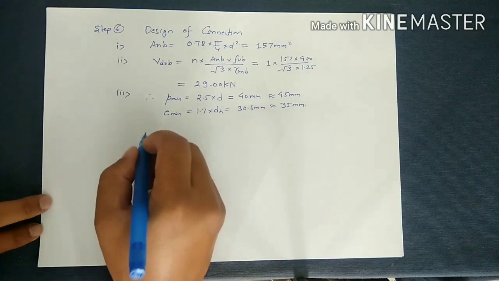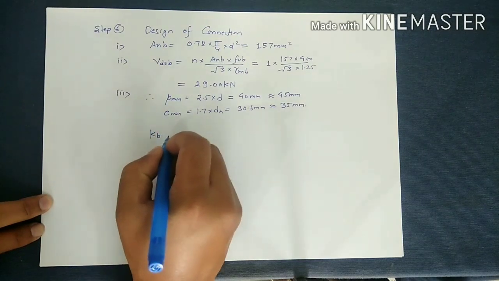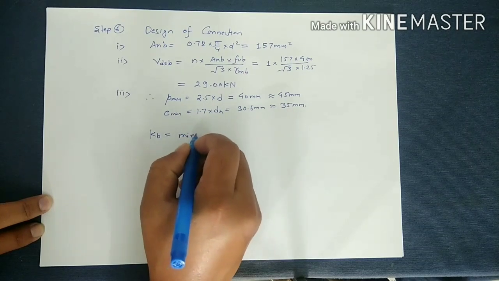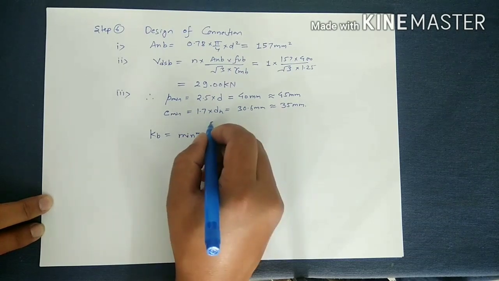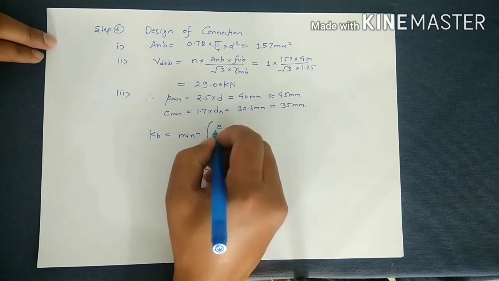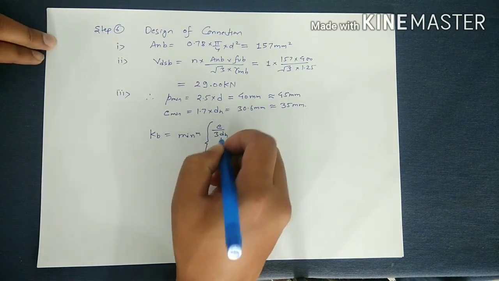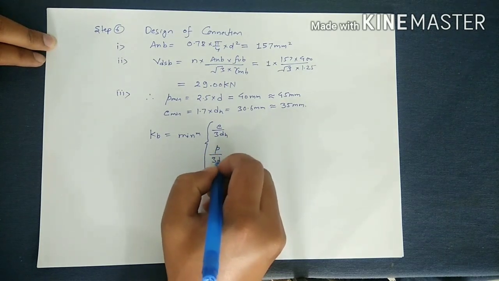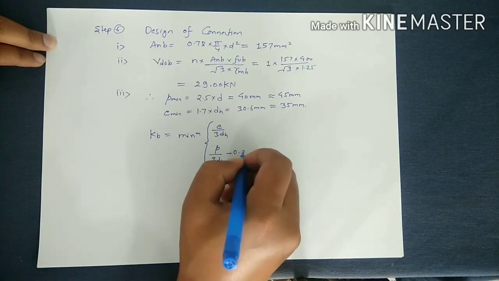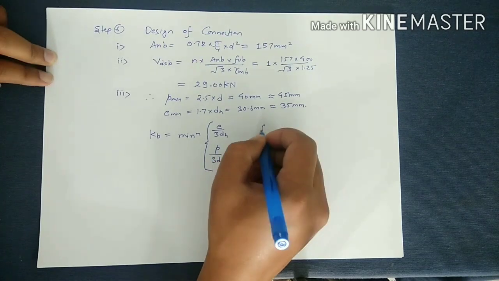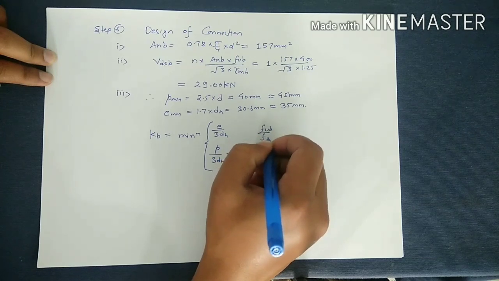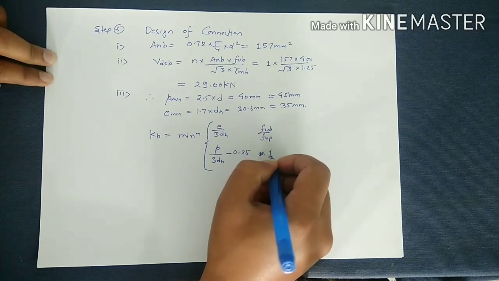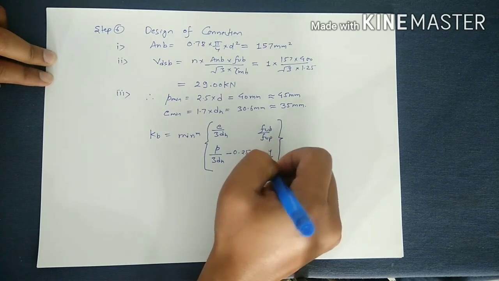Therefore, now finding the value of kb. Kb will be equal to the minimum value of e upon 3dh, or pitch upon 3dh minus 0.25, or FUB upon FUP, or it should be equal to 1.